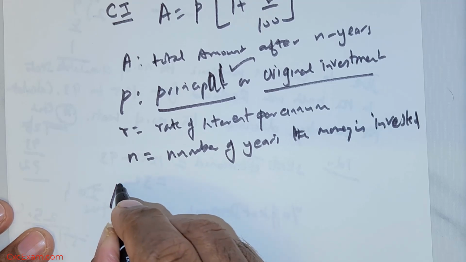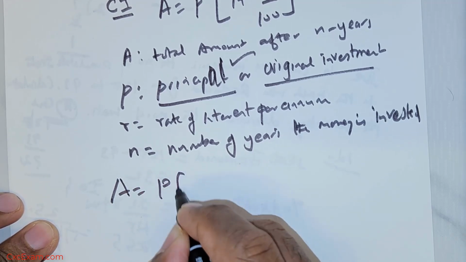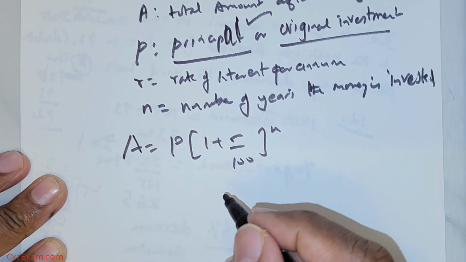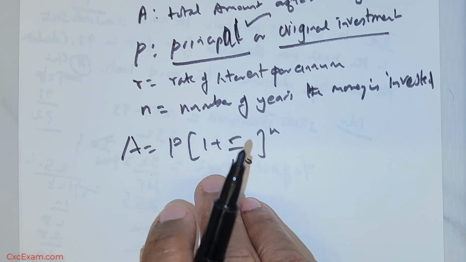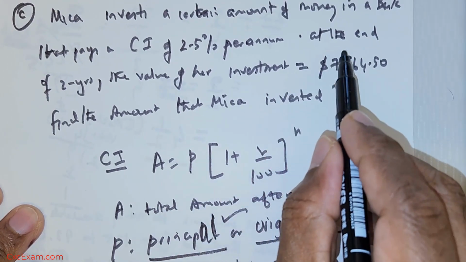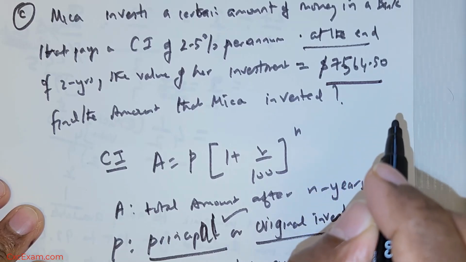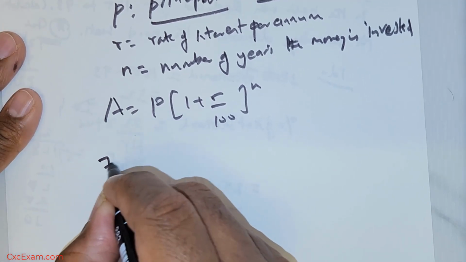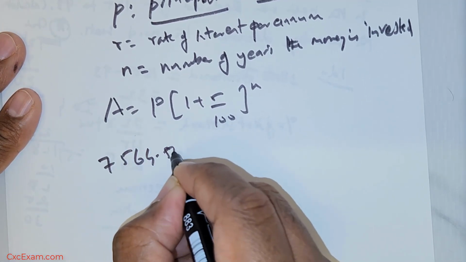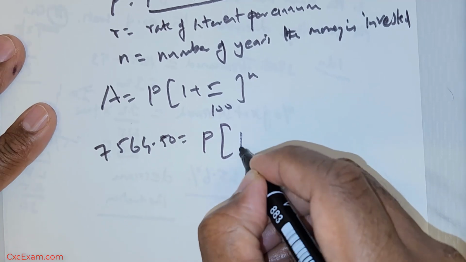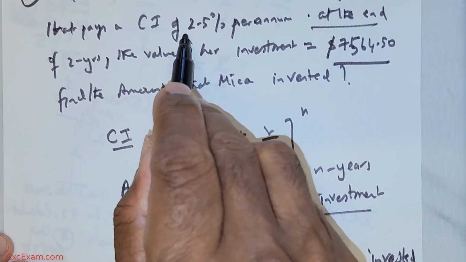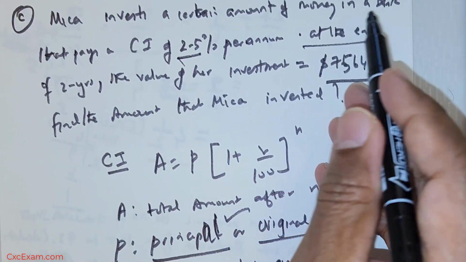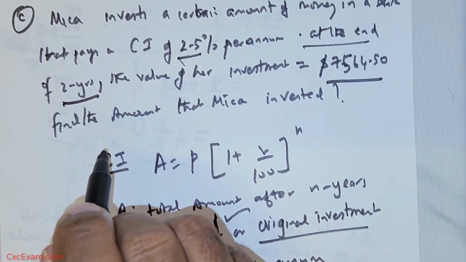So you have this formula. A is equal to P of 1 plus R over 100 raised to the power of n, the all important formula. Now the amount that Mika receives is 7564.50. So that goes here, 7564.50. We are looking for the P, and the interest rate given is 2.5. So 2.5 divided by 100, the number of years of investment is 2.